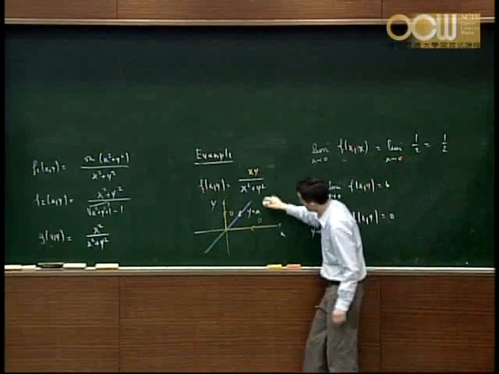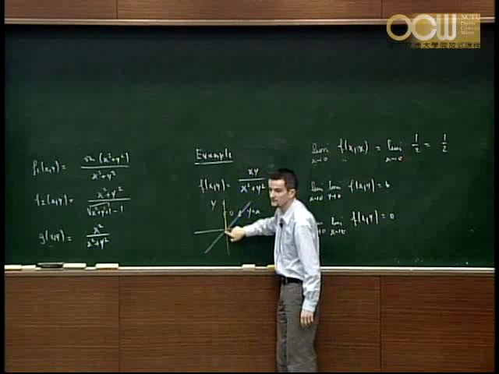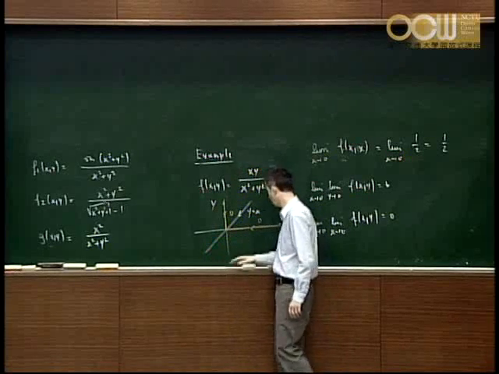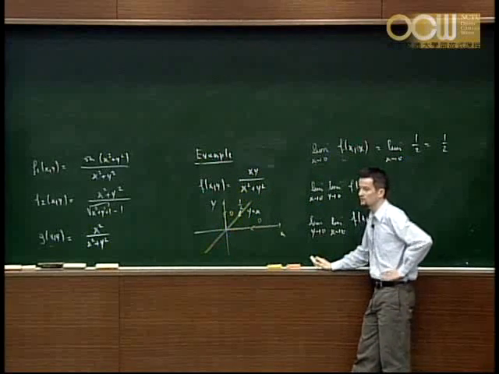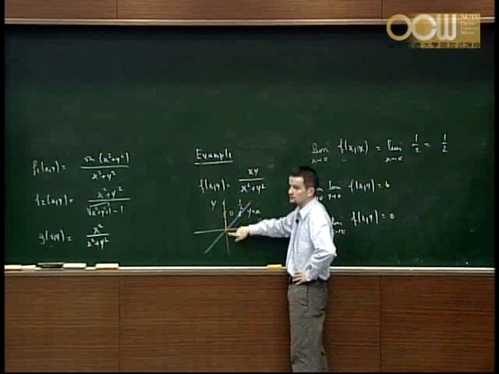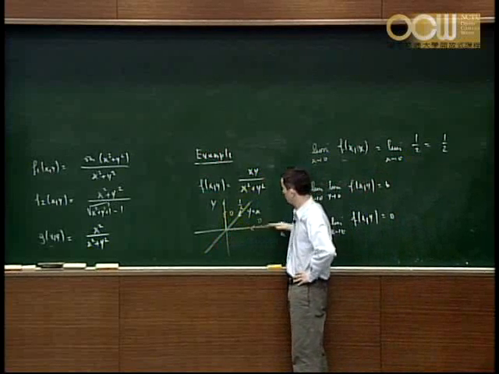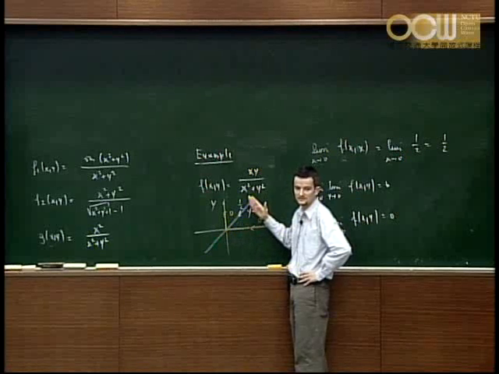Actually, the function is not defined at this point, but if you are on this line, the function value is always 1/2. So if you approach along this line, you get 1/2 as the limit. If you approach along this line, you get 0 as the limit. So the limit does not exist.